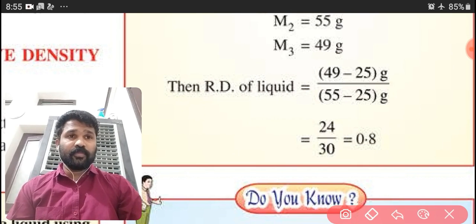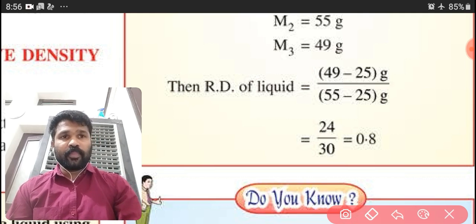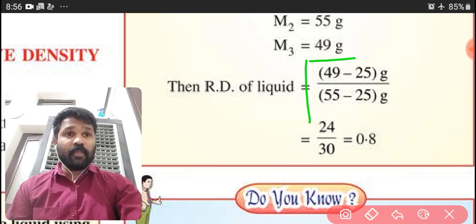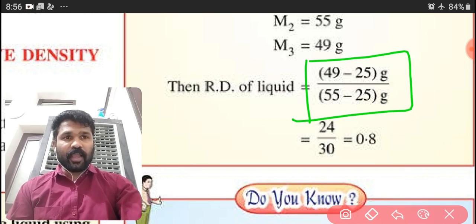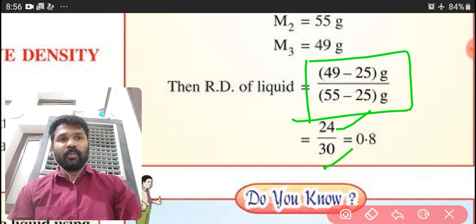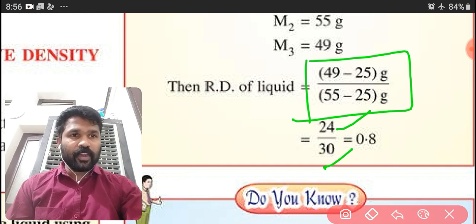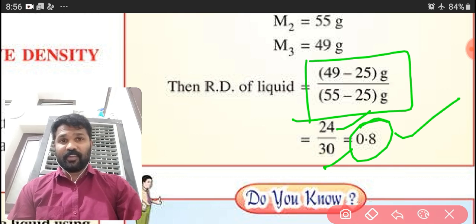That is m3 minus m1 gram divided by m2 minus m1 gram, that means 49 minus 25 gram divided by 55 minus 25 gram. By doing the calculation, the numerator is 24 and the denominator is 30, means 24 upon 30. We will get the final answer 0.8. There is no unit. Okay, students, understood?